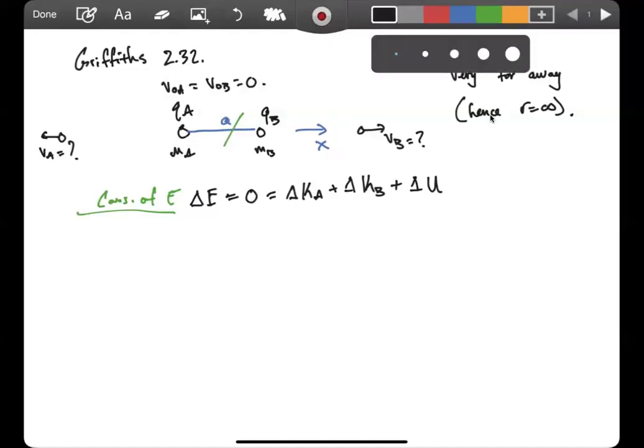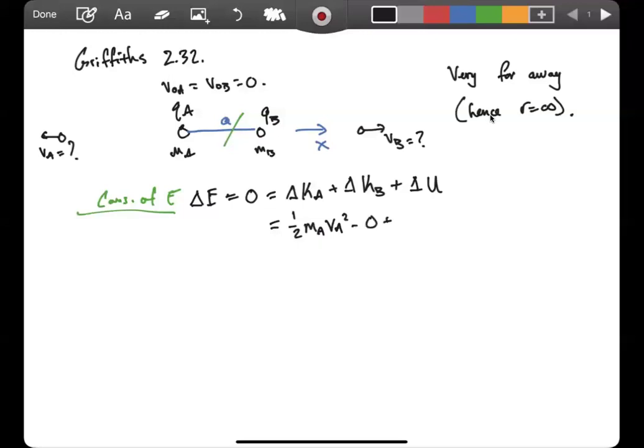Since they start off at rest, we know the initial kinetic energy is going to be 0. So I'm going to get 1/2 MA VA squared minus 0 plus 1/2 MB VB squared plus the change in potential energy.